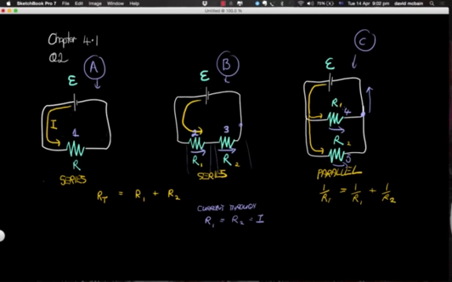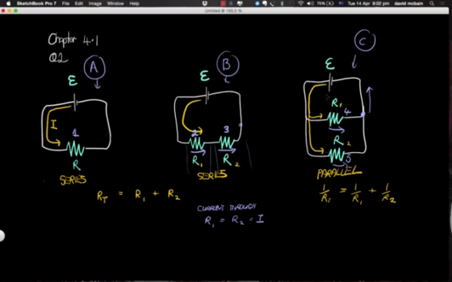In parallel circuits, it's different. We can think of a parallel circuit as two separate loops. Now, going back to our amusement park ride again, if you have to follow a yellow line around the park and you reach a fork in the yellow line, you can't go both ways. You can only go one of those directions, so you have to commit. Do you go through this branch or do you go through that branch?